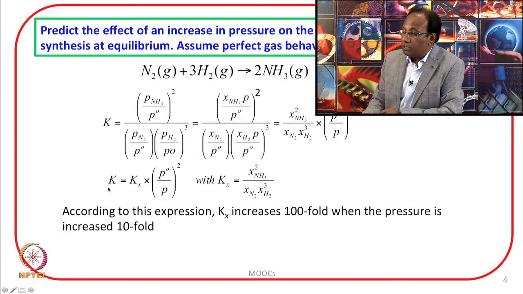So, 10 times increase in pressure will increase the value of Kx by 10 fold, that means it will become 100, sorry, it will become 100 fold. Since when you take P to the other side, it is a P square term. So, if you increase the pressure by 10 fold, Kx will increase by 100 fold.